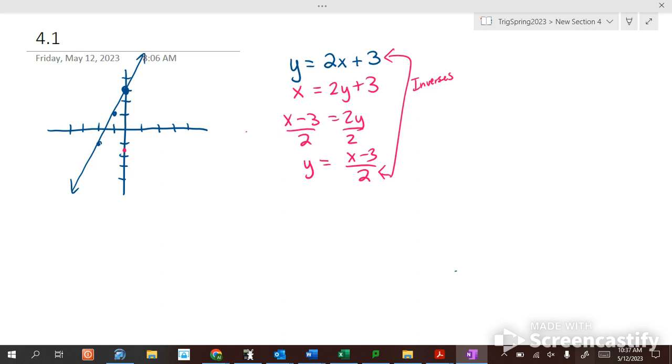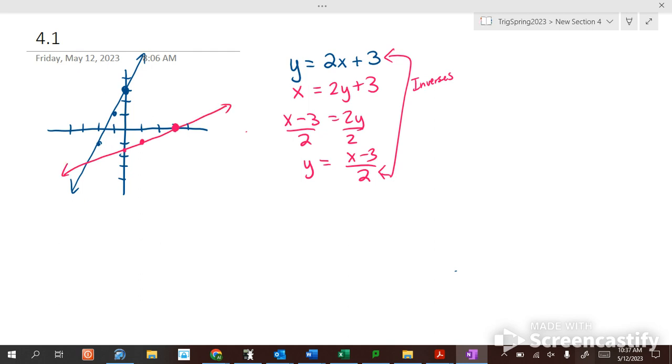What if we put in like 3 for x? What do we get? 0 for y. 3 minus 3 is 0. 0 divided by 2 is still 0. If we put in 1 for x, what do we get? Well, what's 1 minus 3? Negative 2, divided by 2 is negative 1. So 1, negative 1. Okay? So it's a function that looks like this.